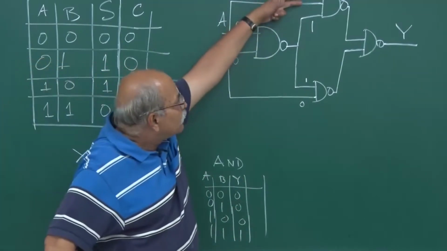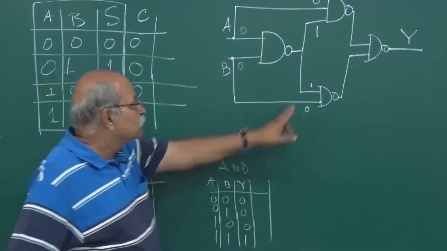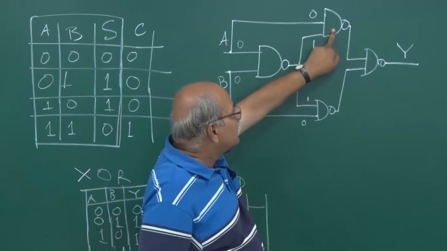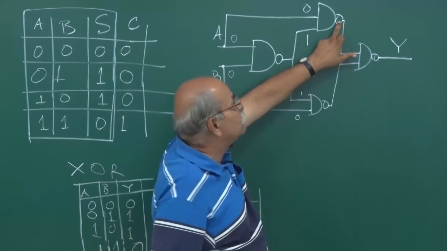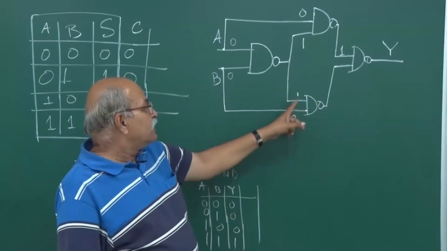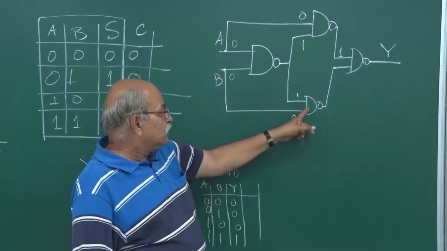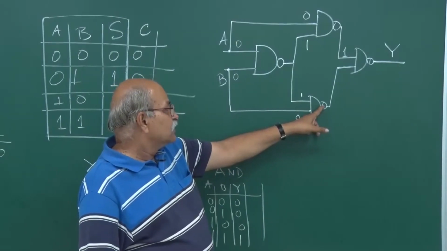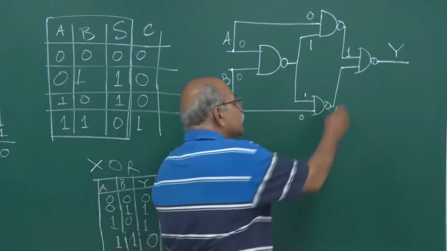So 0 and 1 is 0, so it is 0 here, and then NOT of that is 1, so we are getting 1 here. Similarly 1 and 0 is 0, and then NOT of that means it will be 1 here, so you get 1 here.